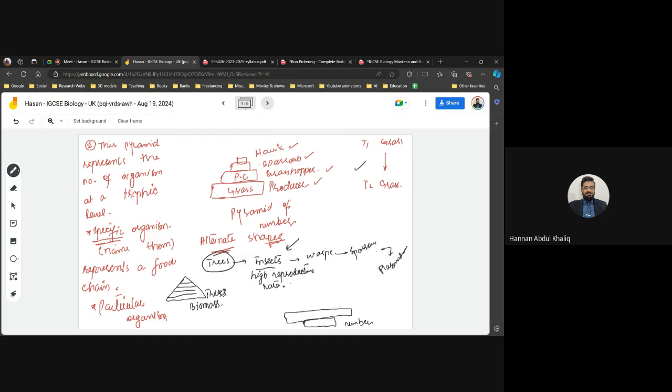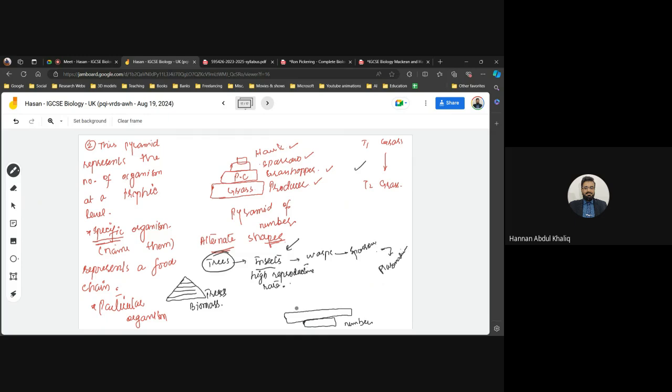Biomass means the total mass of the life, and total mass also means the total energy. So trees would have highest energy, highest mass. But since we are counting specific organisms, it means that we are going to literally count them and the trees would be less in number compared to insects.